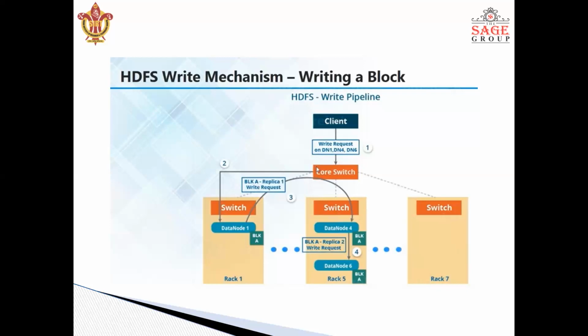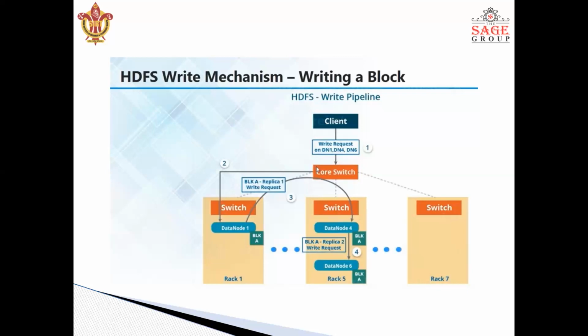Data node number 1 will tell data node number 4 that the copy of block A is available on the network. So you just write it on your storage and ask data node number 4 to send this data block A to data node number 6.